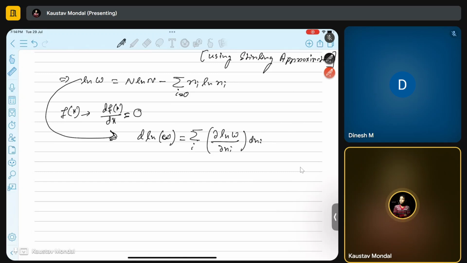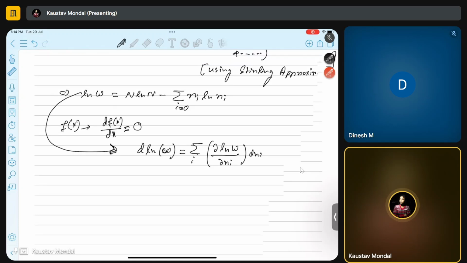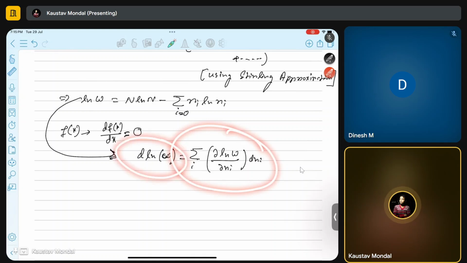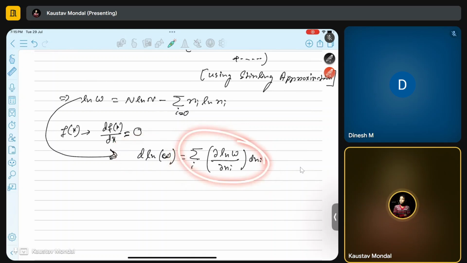If we are doing the total derivative, then we have to consider what the dependent variables in the function are, implicitly and explicitly. In this case, the small ni is the variable inside this function W. So that's why we are doing this partial derivative and writing it like this using the chain rule, the total derivative in terms of the partial derivatives.